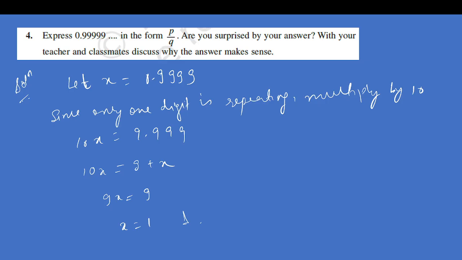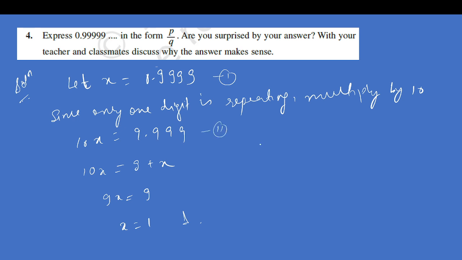Now, express 0.999 in the form of p by q. Are you surprised by your answer? Why is it written that you will be surprised? Okay, we will see. Take x equal to 0.999... as the first equation. Only one number is repeating, 9. So multiply by 10.